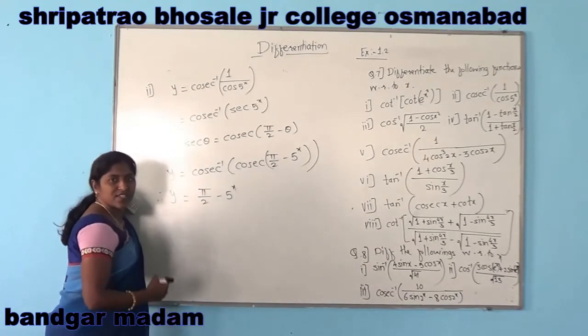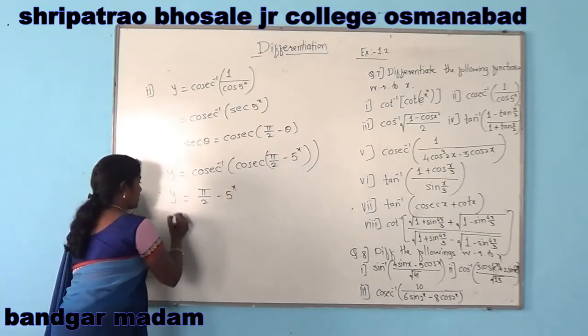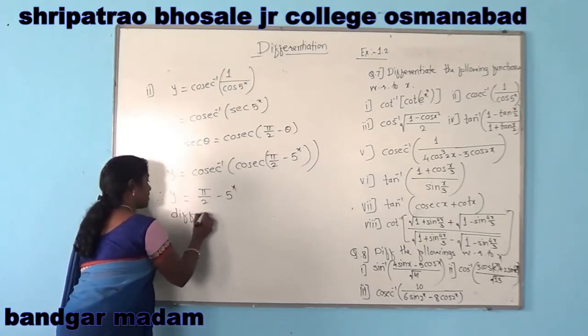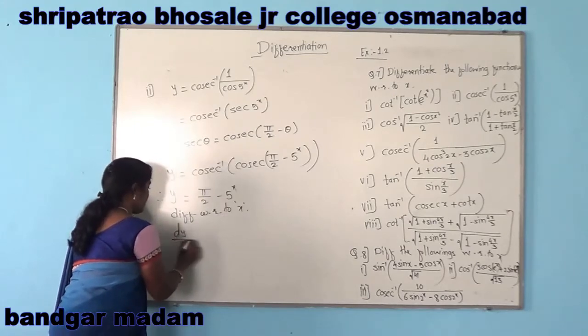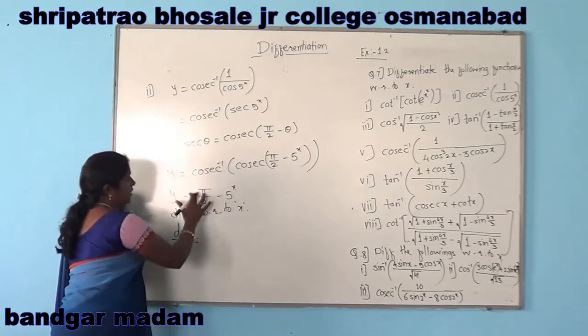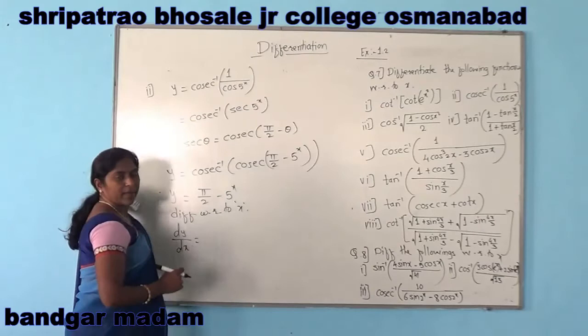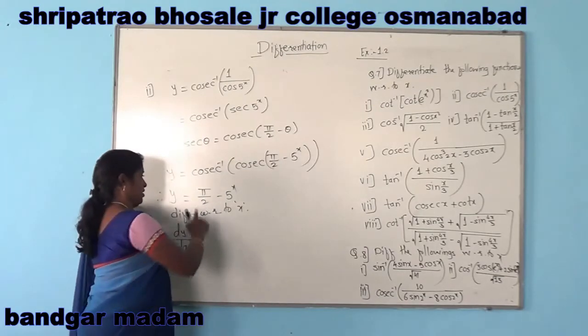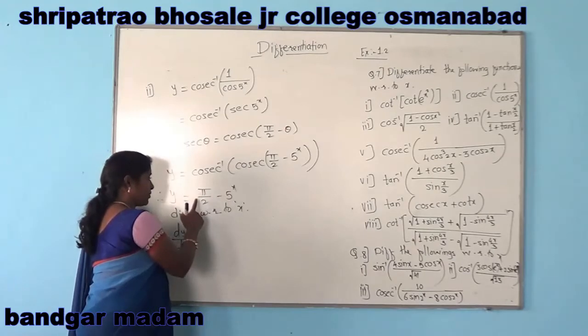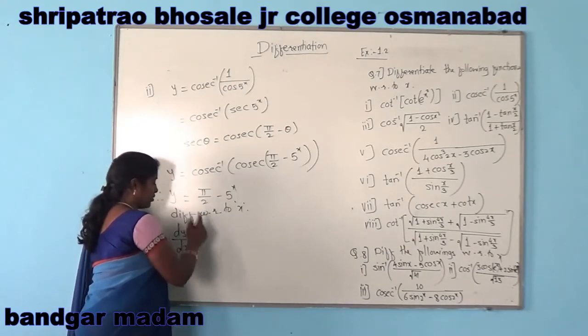Now we can differentiate this y with respect to x. So differentiating with respect to x, we get dy by dx is equal to derivative of pi by 2. Pi by 2 is a constant, it has no variable x. So differentiating pi by 2 with respect to x, we get 0.